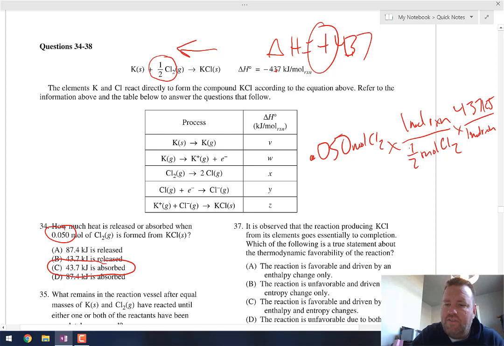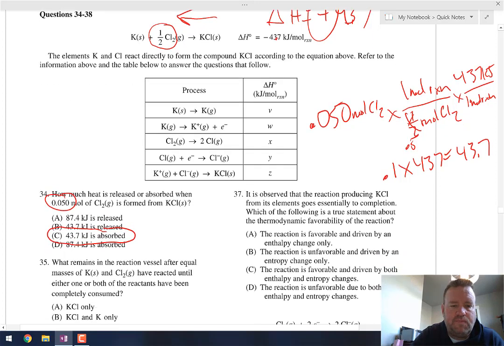So 0.05 over 0.5 is just 0.1, so it's 0.1 times 437 equals 43.7.